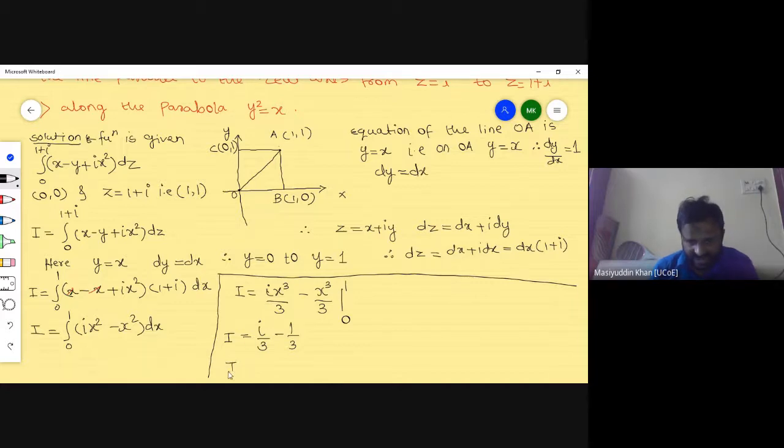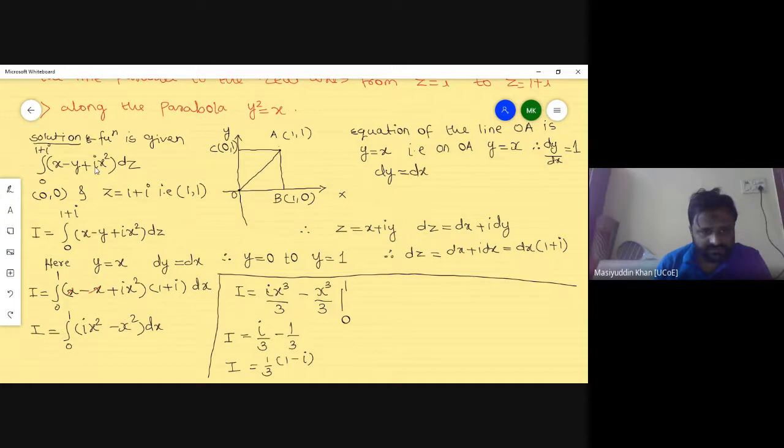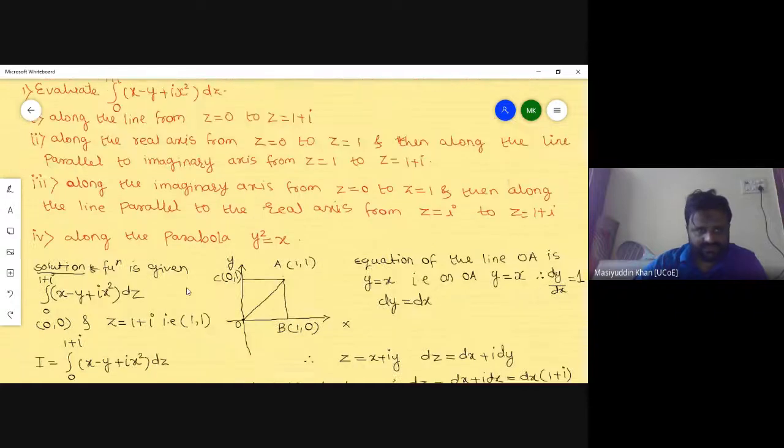And at the end I is equal to, you can just take 1 by 3 as a common factor. So 1 by 3 into 1 minus i. And this is our final answer for the first condition, along the line from z equal to 0 to z equal to 1 plus i. So this is our first condition we solved.